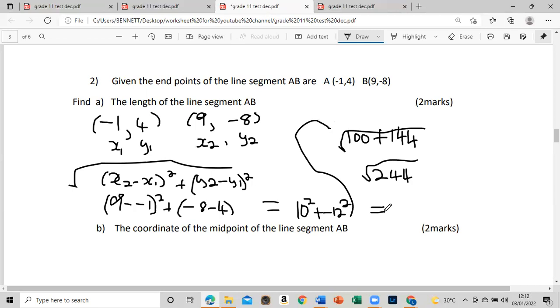Let's punch it into my calculator. Wait a second. Square root first.